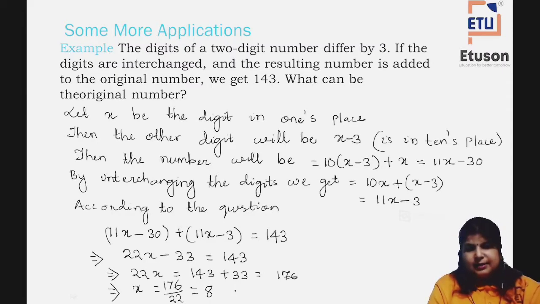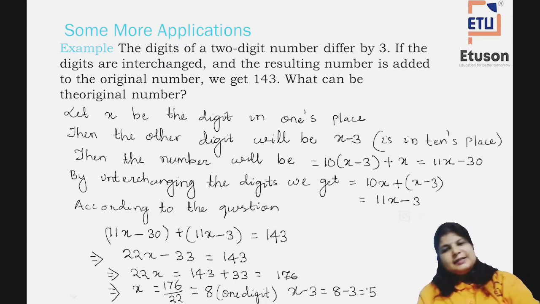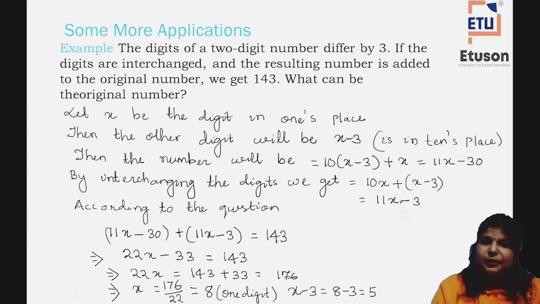So this is one digit, right? Then what about the other digit? The other digit is x minus 3, that is 8 minus 3, that is equal to 5. So what will be your number then?